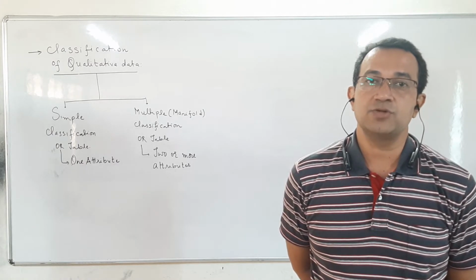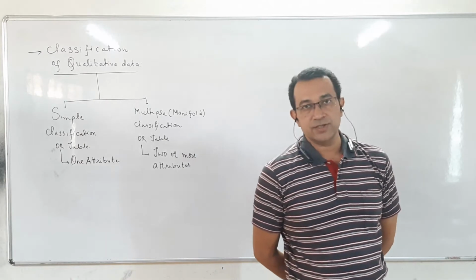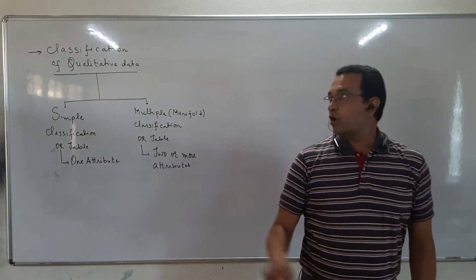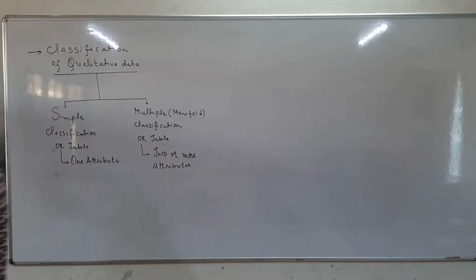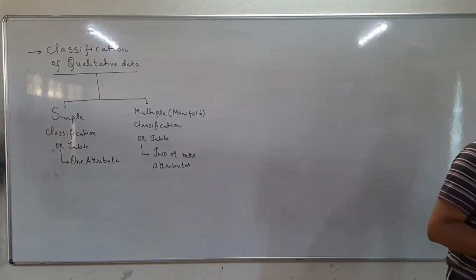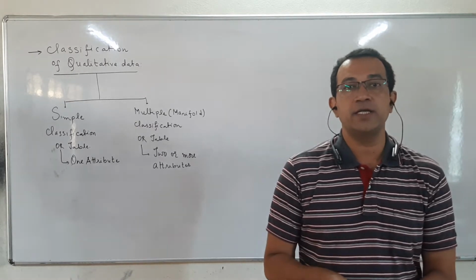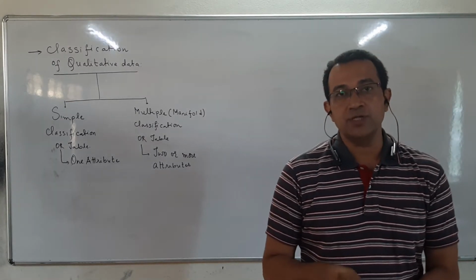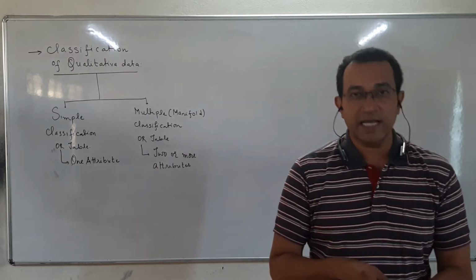So I think this should be very clear. Once again I am repeating the theory. What is classification of qualitative data? The process of systematically arranging qualitative data or attributes in the form of rows and columns on the basis of standard of classification.